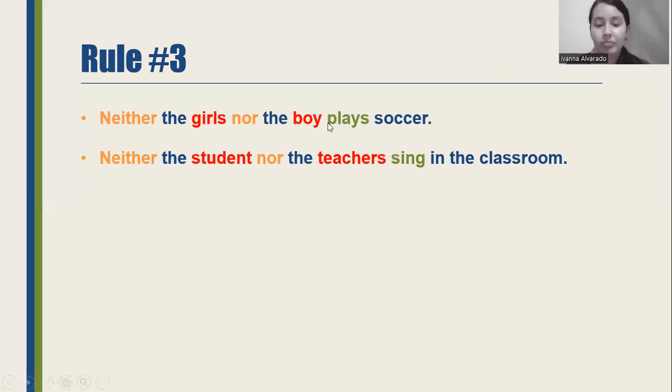The verb plays is closest to the singular noun, the boy, so we add an s ending. The verb sing is closest to the plural noun, the teachers, so this verb keeps its form.